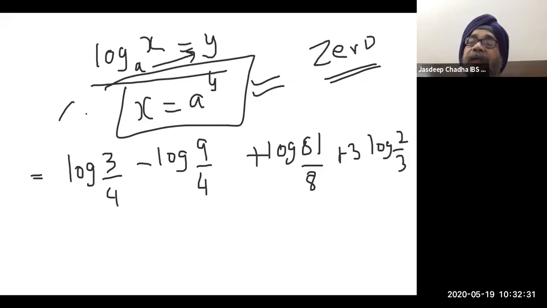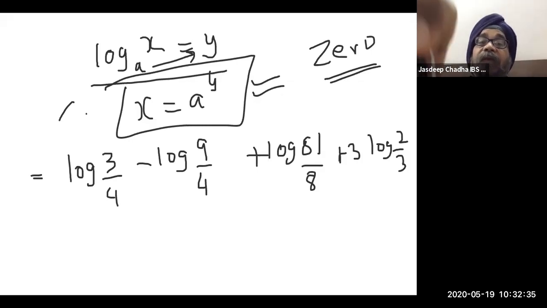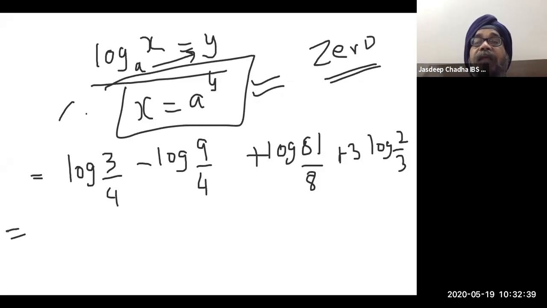So let me do it here also for the benefit of the others. What we have to do is simply use the formula for log A by B. So log 3 by 4 is equivalent to log 3 minus log 4, correct?